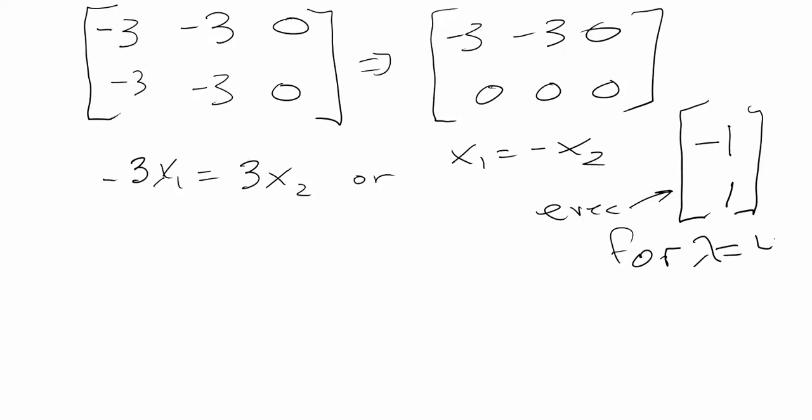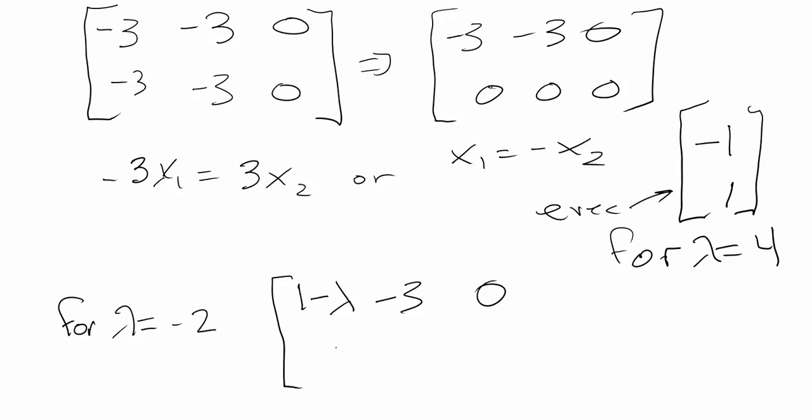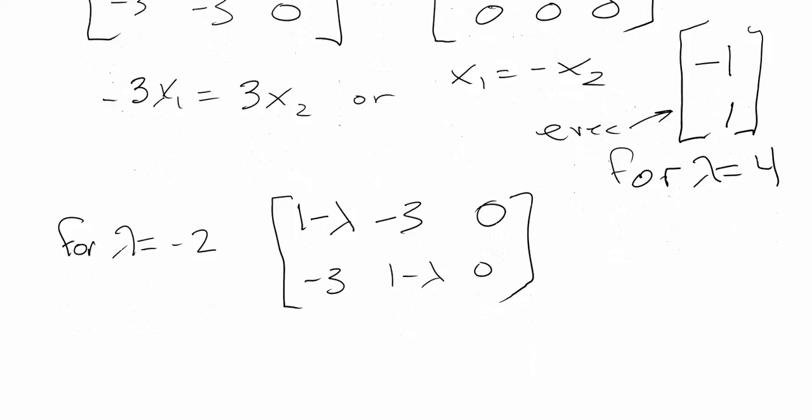Now we also have to find the eigenvector for lambda equals minus 2. In that case, we're going to be subtracting minus 2 from each of the diagonal terms. So we again have 1 minus lambda, minus 3, 0, minus 3, 1 minus lambda. That's our system of equations that we need to solve.